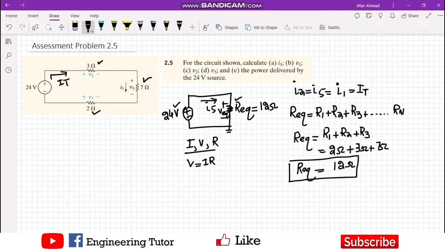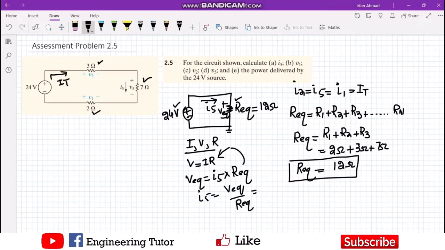So here again we can see that the value of V equivalent is equal to I5 into R equivalent. This is by Ohm's law across this equivalent resistor. So the value of I5 is V equivalent divided by R equivalent.